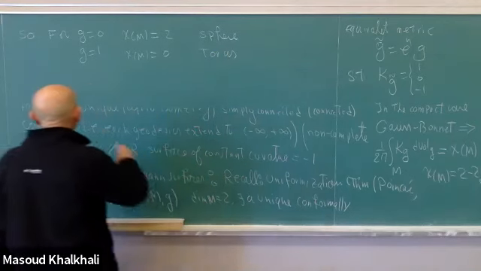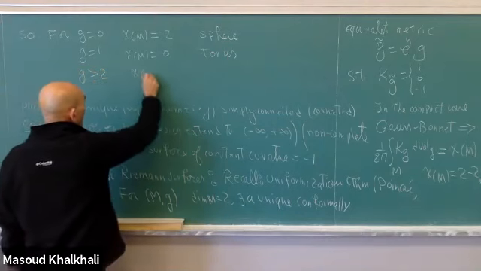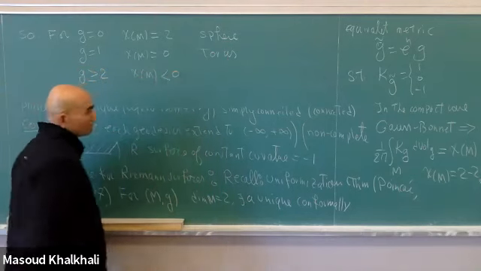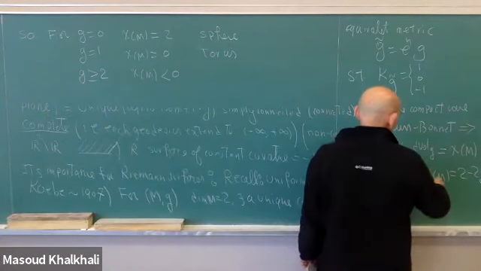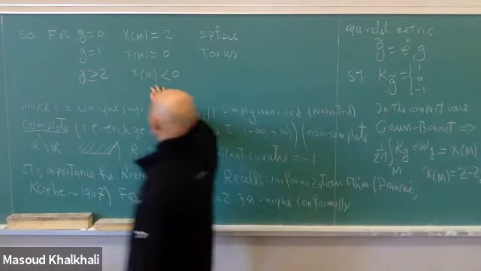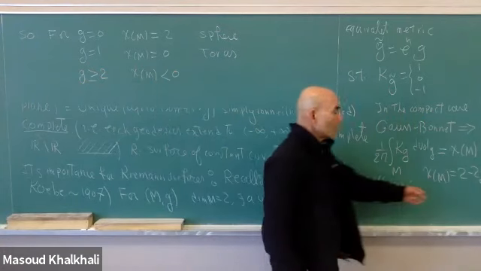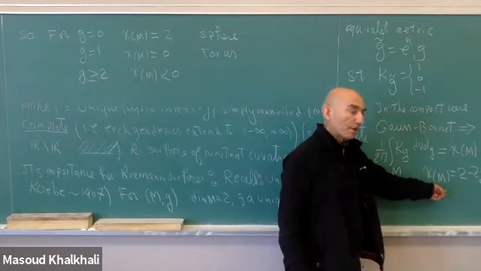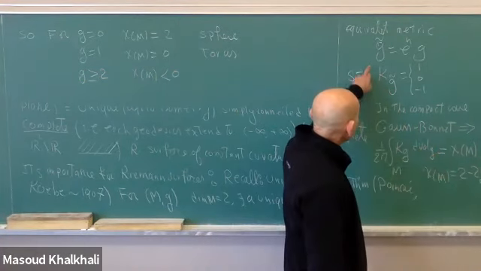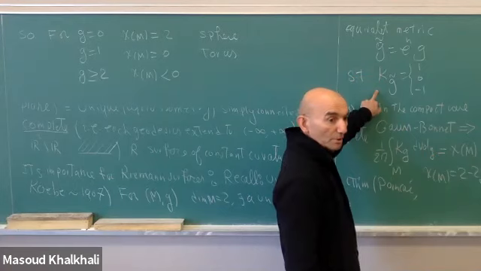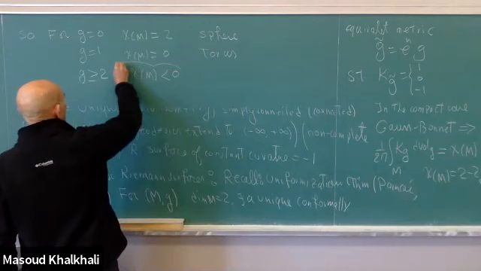For g bigger than or equal to 2, chi M is negative. The majority of cases is covered by this situation where the Euler characteristic is negative. In that case the constant curvature has to be -1, because if it were 1 we would get a positive Euler characteristic. So this is the case that we are looking at.